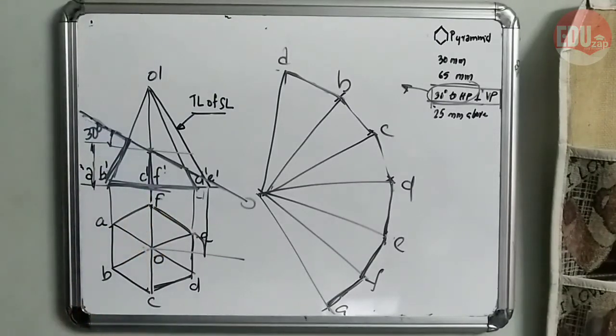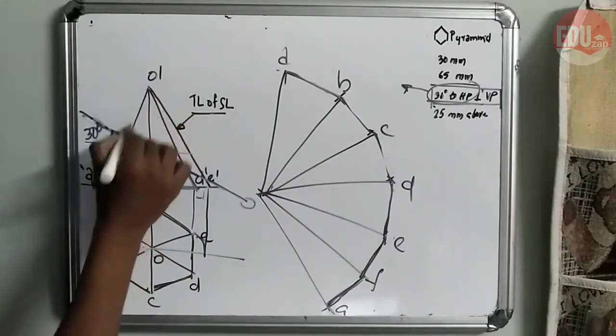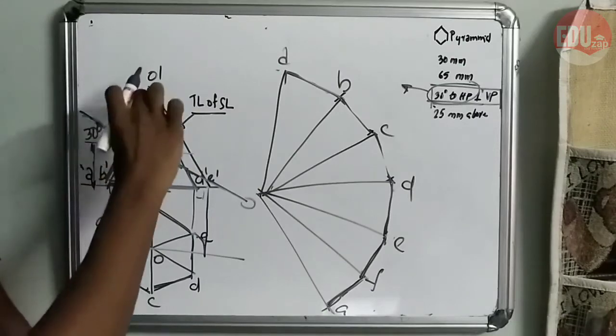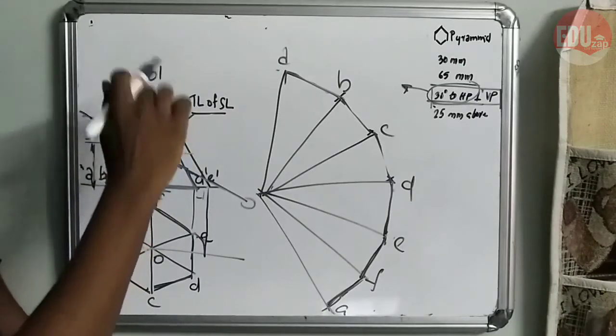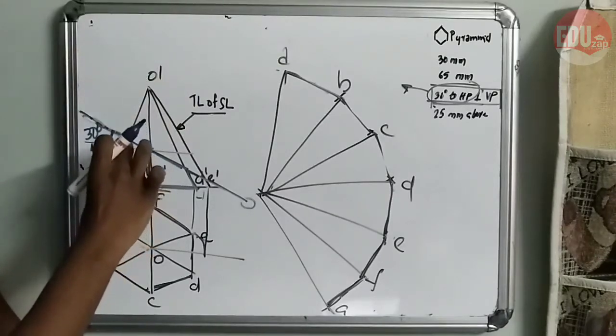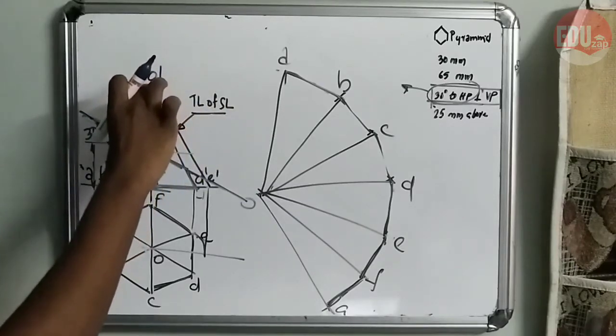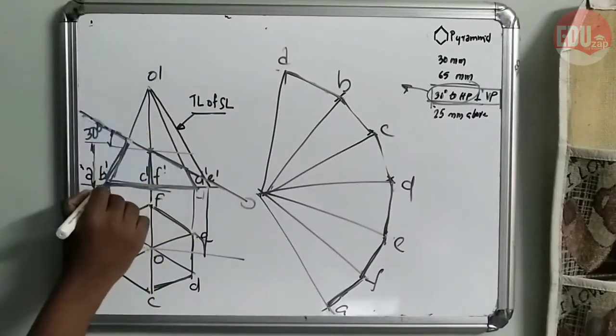For that, what you have to do is, now this edge is having only this much length, because this much portion is sectioned off, trimmed off. So the remaining part is only this much, and the erased portion is this much. But this one is also not true length.